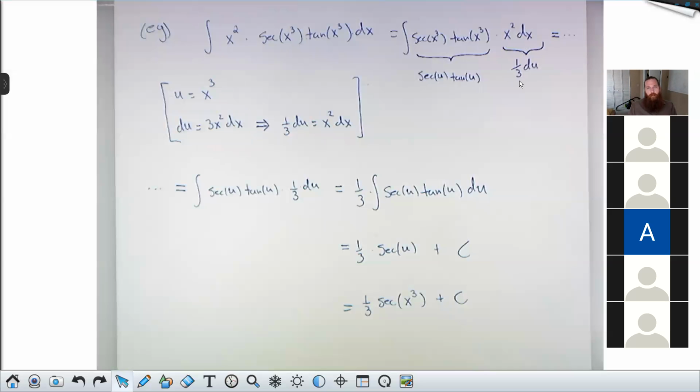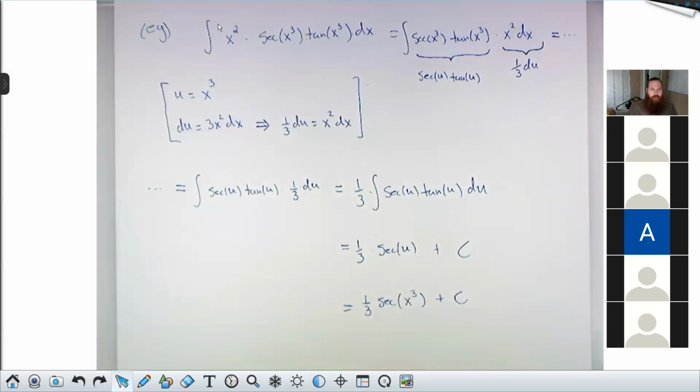But generally, when I try to transition people from thinking about this in a Calc 1 way to thinking about this in a Calc 2 way, I suggest rewriting the integrand so that the stuff you think you're going to use with the differential in the substitution is set next to the dx over here. And then I try to solve for whatever this is in my differential relationship.